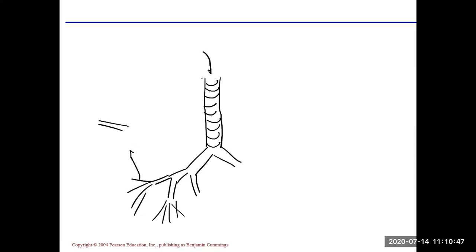So the air flow goes from the oral cavity past the throat area, the pharynx, and then the trachea, and then the several different bronchi, and then through the bronchioles.